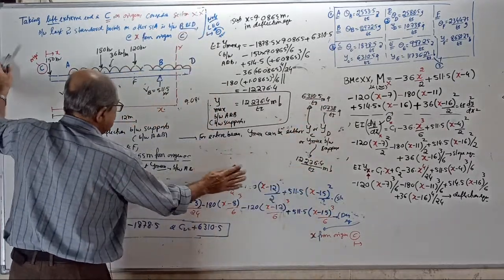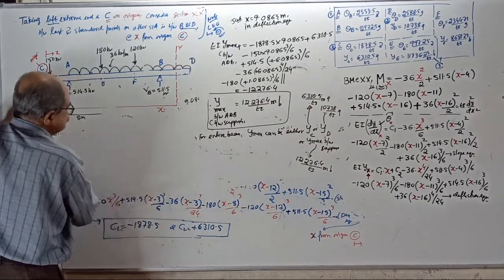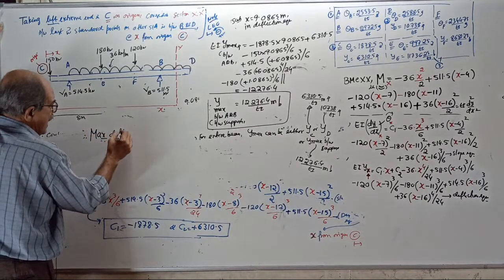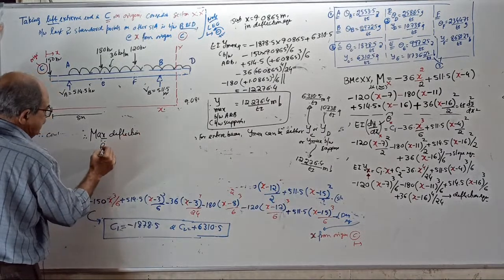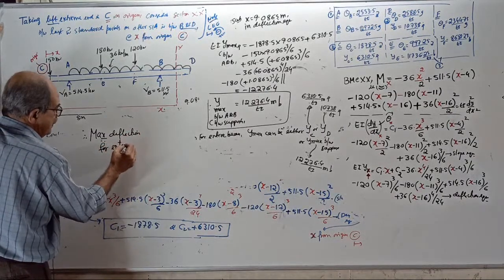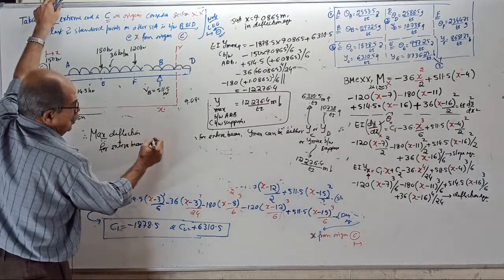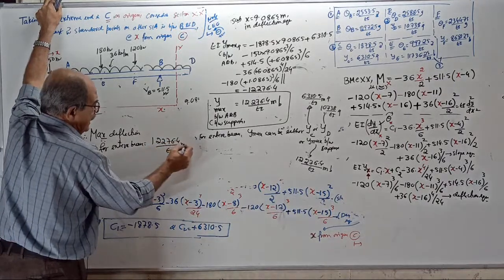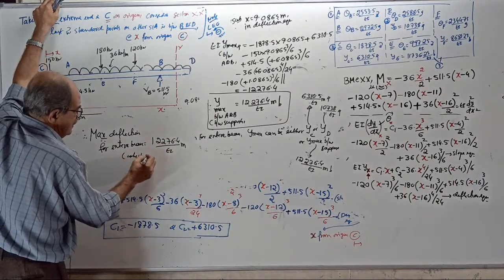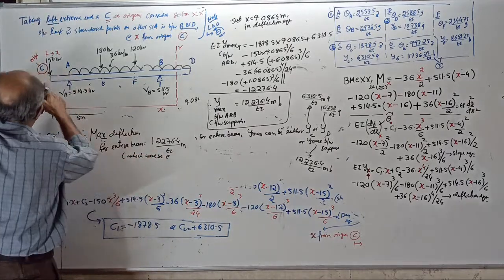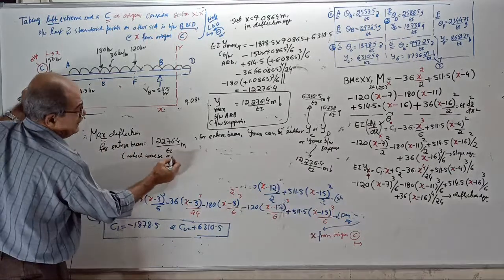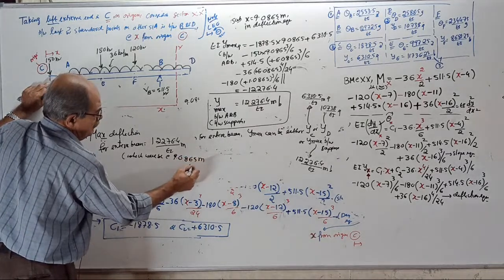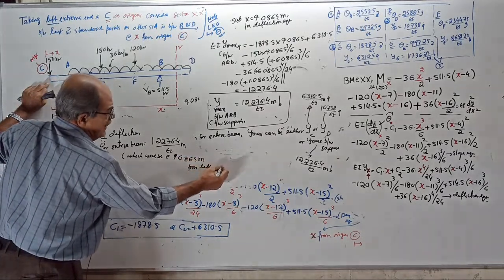Therefore, the last conclusion I write here: maximum deflection for the entire beam will be equal to 12276.4 divided by EI meter, which will be at 9.0865 meter from the left extreme, C.